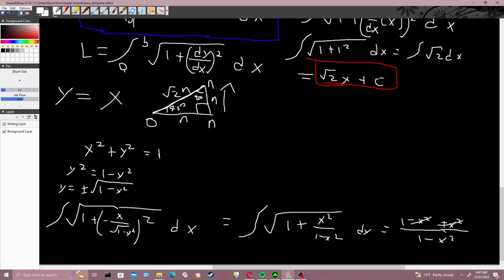We'll see these cancel out, and we will end up getting, sorry if it's hard to follow, hopefully you're taking notes at home, because I am an absolutely amazing calculus teacher. You'll get the integral of the square root of 1 over 1 minus x squared dx.